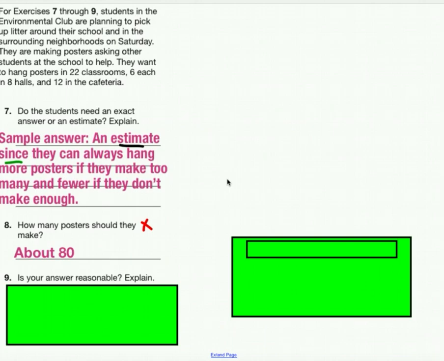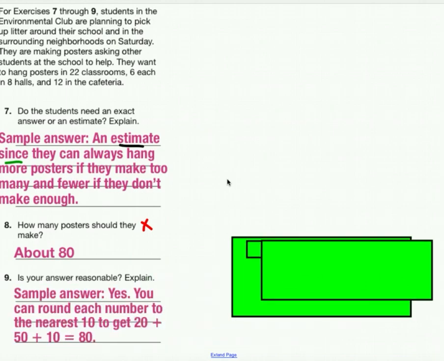Now, is your answer reasonable? Yes. You can round each number to the nearest 10 to get 20 plus 50 plus 10 equals 80. Alright? That's how you could do it. So what they did was, they said, okay, we're going to round that 22 to 20.